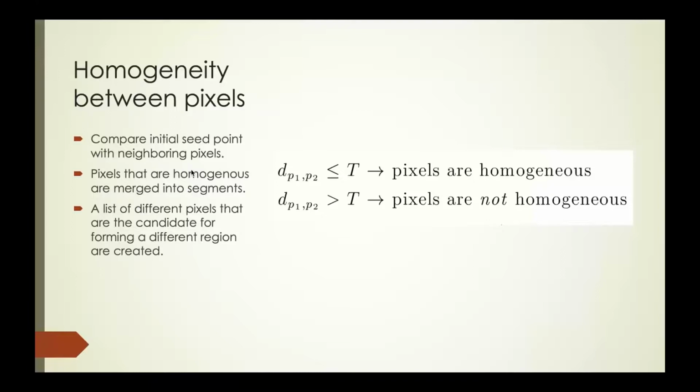This process is carried out iteratively, and we will stop when all the pixels in the image are segregated into segments based upon the homogeneity condition. So this is the basic region growing algorithm, which till now we have explained in a serial manner.